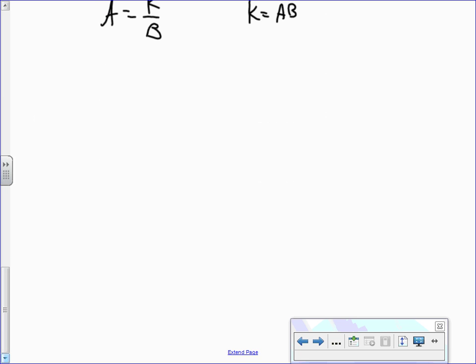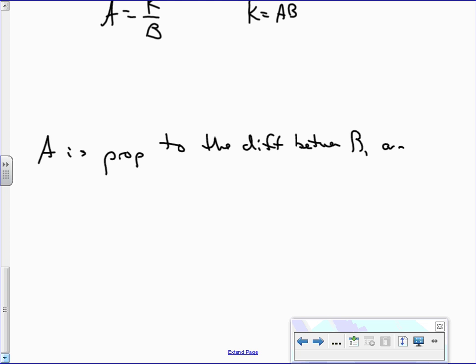So, what if I said A is proportional to the difference between B1 and B2? A is proportional to the difference between B1 and B2. A equals.